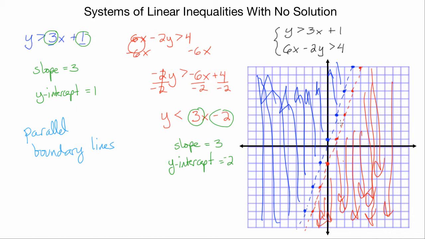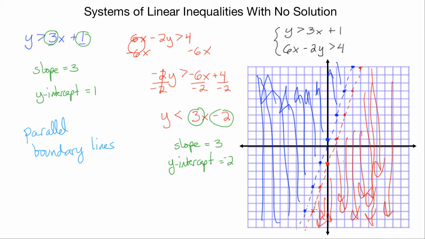And you can see there's this little gap indicating that they never overlap, and they never will because they're always parallel off forever that way and forever that way. So this is a case of a linear system of inequalities that has no solution. There is no overlap at all with my solution sets graphically.